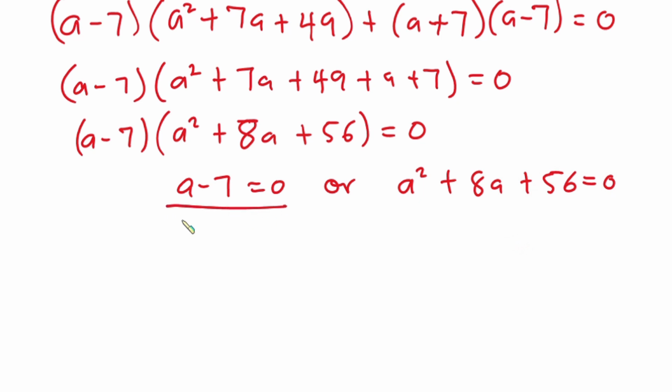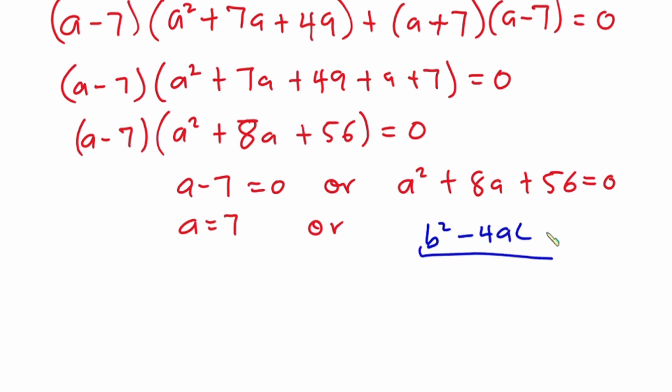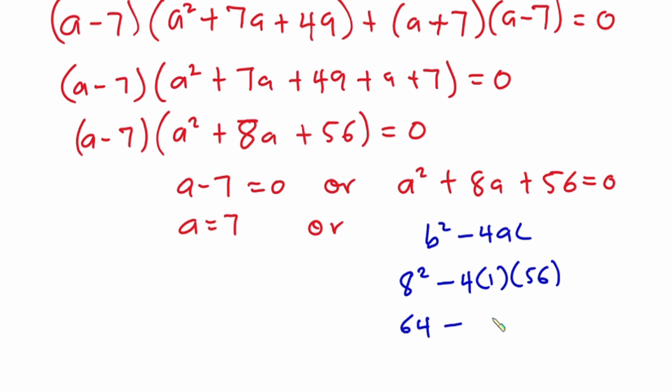Now from this equation, adding 7 to both sides, we have a is equal to 7. Then from this equation, let's see if it has a real root or not. We have b squared minus 4ac. Now we are using this expression to test whether it has a real root or not. b is 8, so we have 8 to the second power minus 4a, where a is 1, then c is 56. 8 to the second power is 64, then minus 4 times 1 times 56, that is 224.